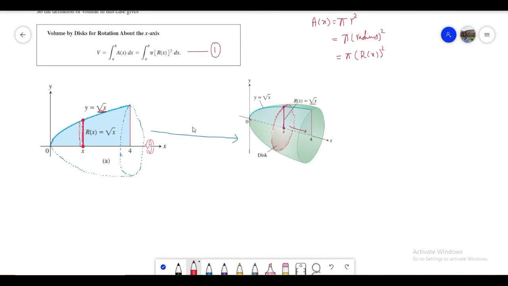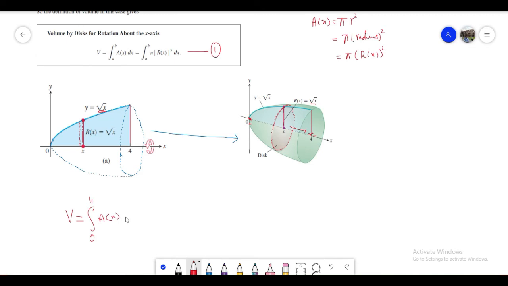As we see from the figure, it is starting from 0 and ending at 4. So we use the volume V, integrating from 0 to 4, of the cross-section area A of x.